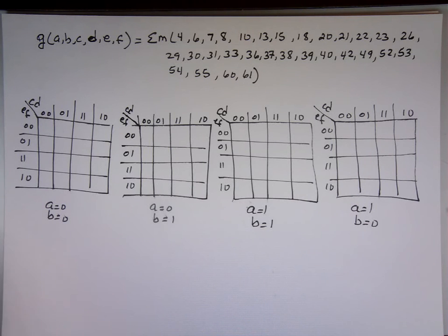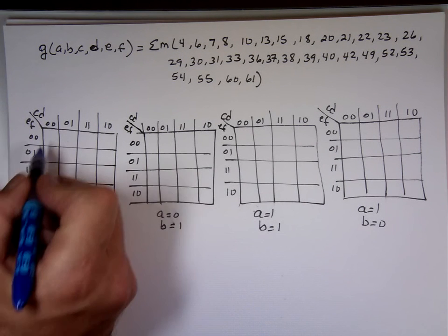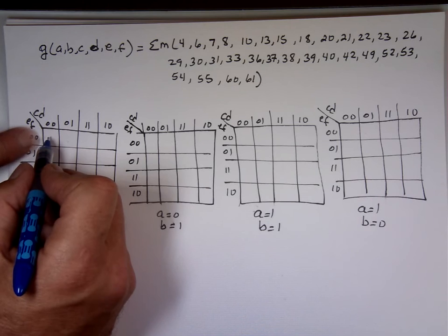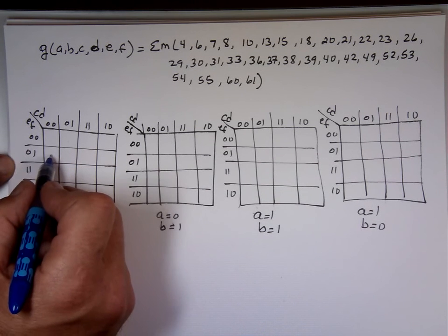I'm going to put the zeros in the ones. This is telling me yes or no. This is location 0. Is there a 1 in it? No. 1, 2, 3, 4. Is there a 1 in 4?